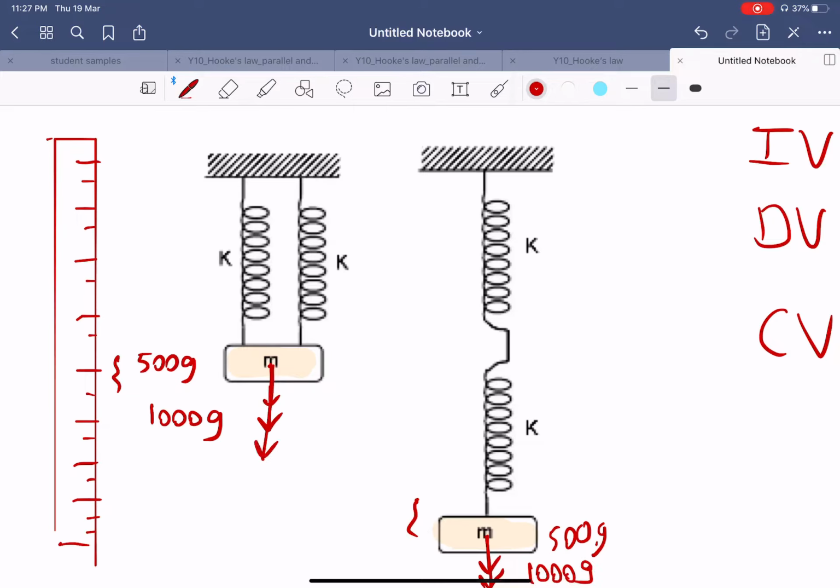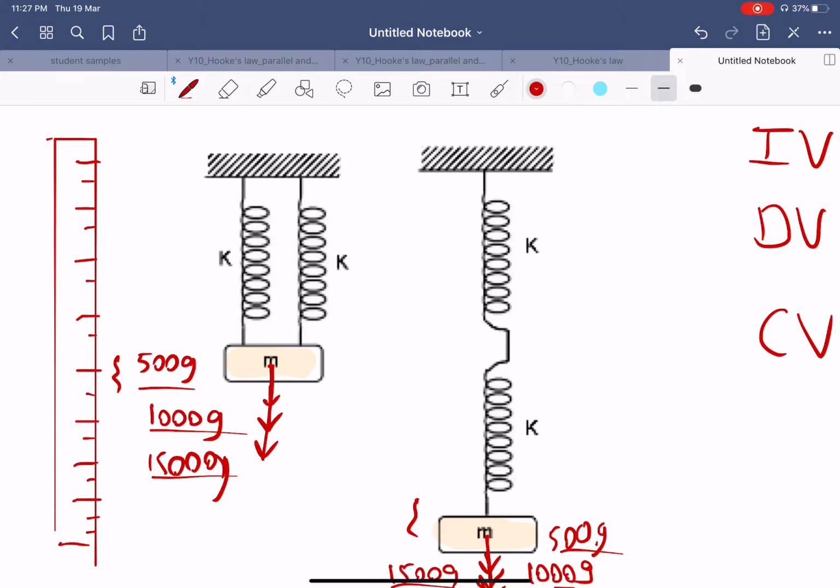And then if I increase this to 1500, I'm going to increase this one as well to 1500. So this is how I'm keeping the force, or the mass representing the force, the same.